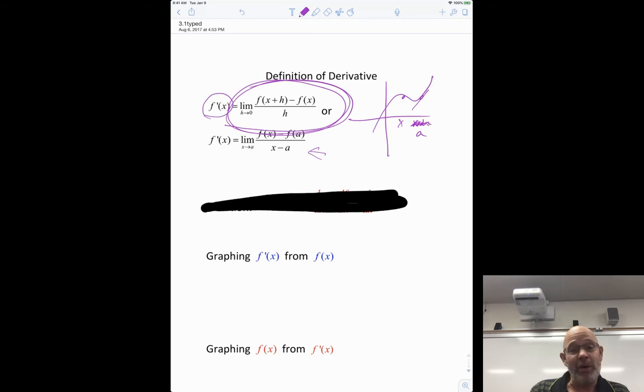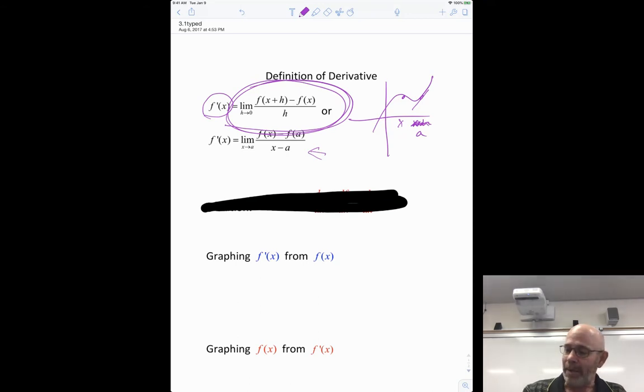But either one's going to work. If you're asked to find a derivative, it's going to give you the derivative. So tonight's homework, they're going to just say things like, find the derivative of. It's really exactly saying the same thing as find the slope of the tangent line. It might be at a number, which means you have to plug in a number for x at the end. It might not be, and then you just leave x in your answer.